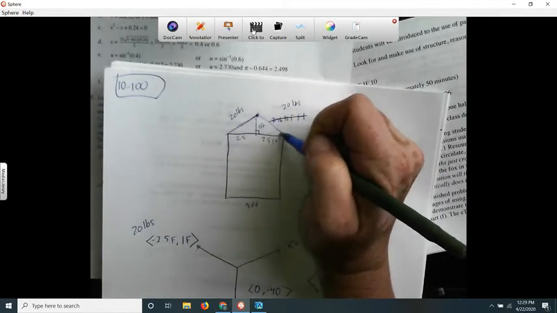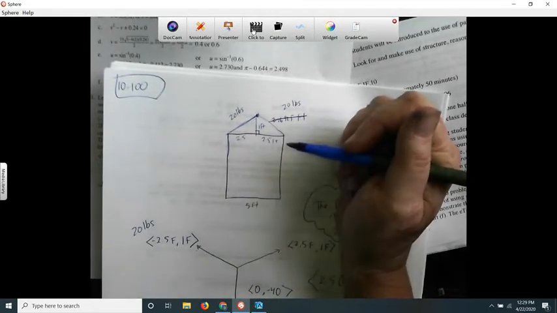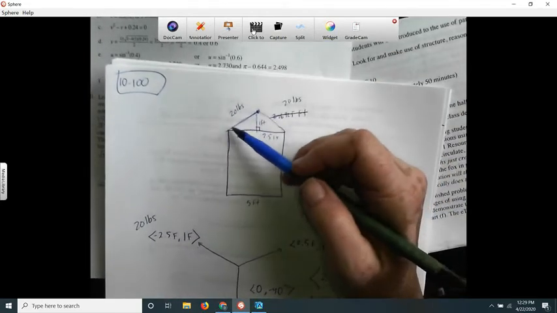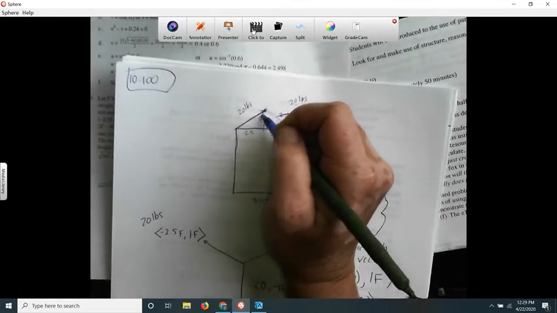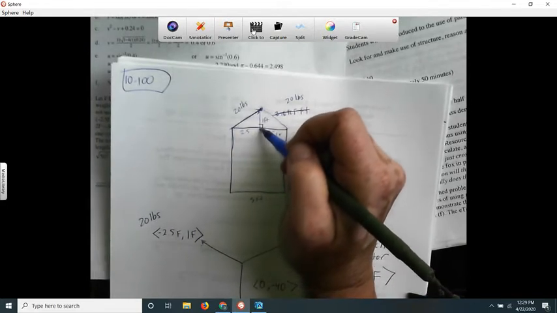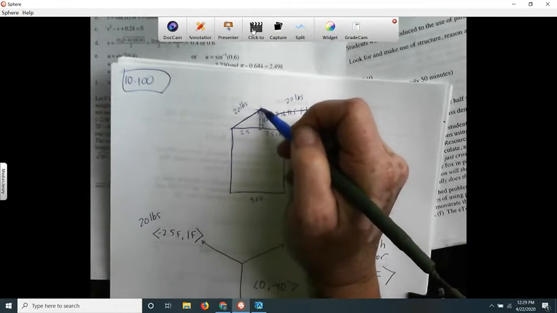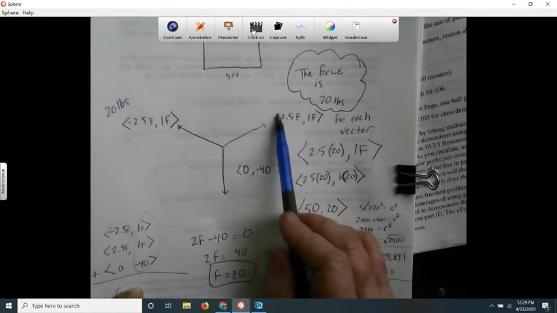Right, it feels like it just makes common sense that each cable's going to be holding half of the 40-pound load. If this cable were a vector, its component going right would be 2.5, and its component going up would be 1. And so that kind of matches this one.